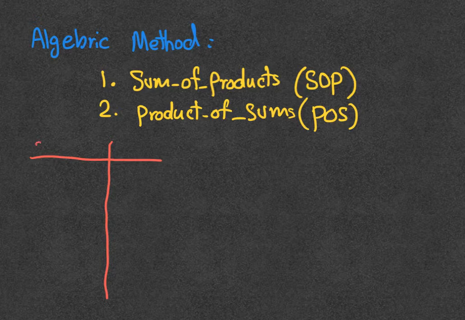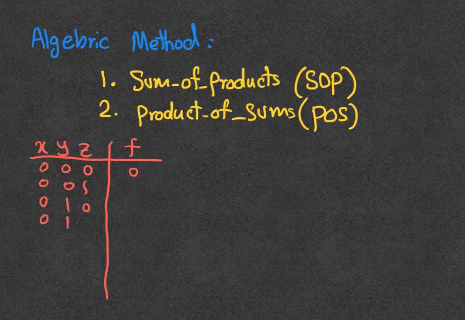So let's say you have a circuit, it has three inputs, and then you have output F. Then you try different inputs and get your output. So the first try is 0, 0, 0. Let's say you get 0 for the output. And you try all the combinations: 0, 0, 1, 0, 1, 0, 0, 1, 1, 1, 0, 0, 1, 0, 1, 1, 1, 0, and 1, 1, 1.